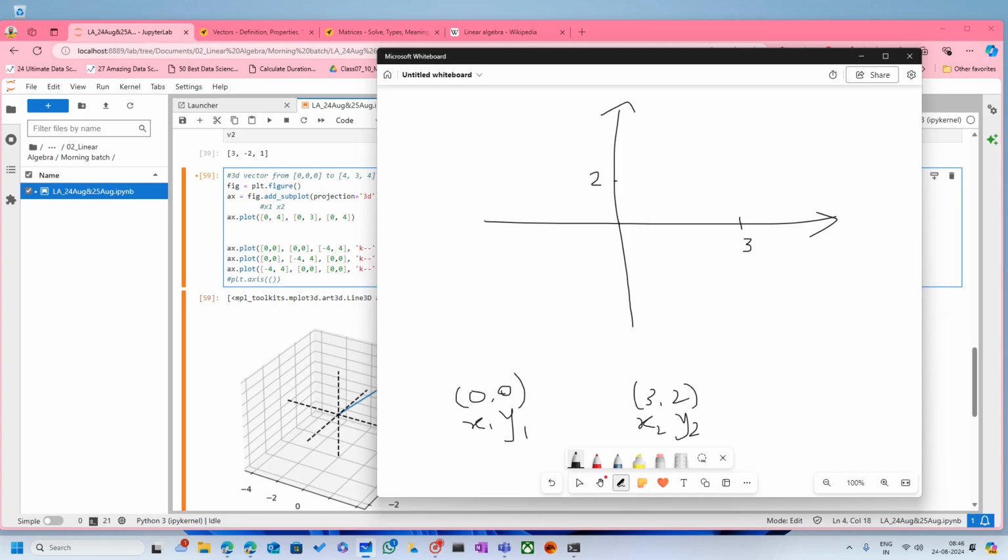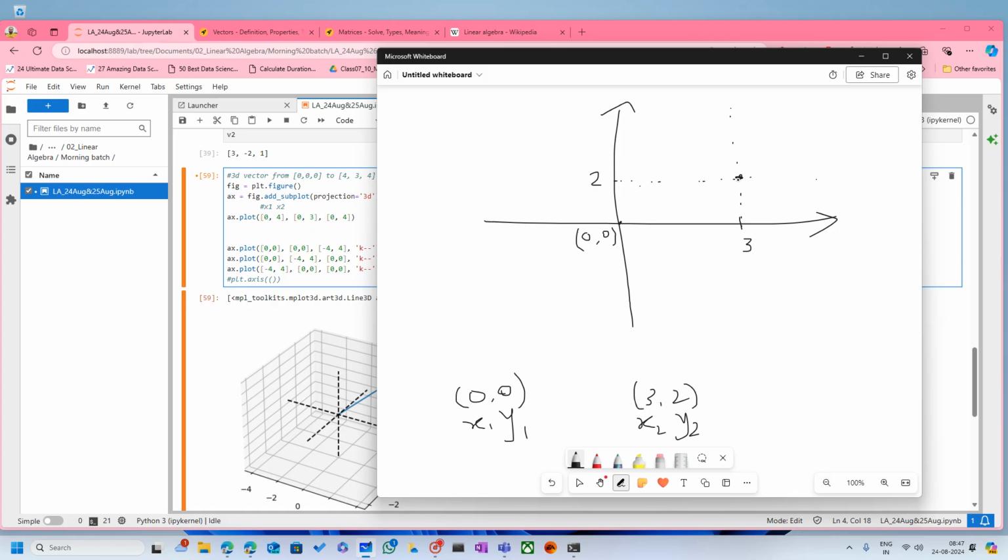When you specify x1 and x2, which is 0 comma 3, the graphing library understands this as 0 comma 0, 3 is here, and it will try to understand this point 2 comma 2 somewhere here.